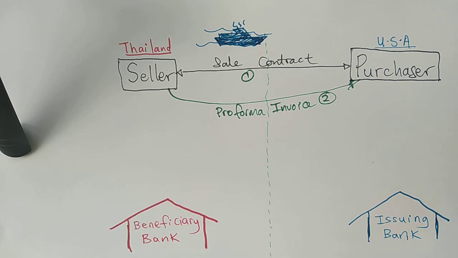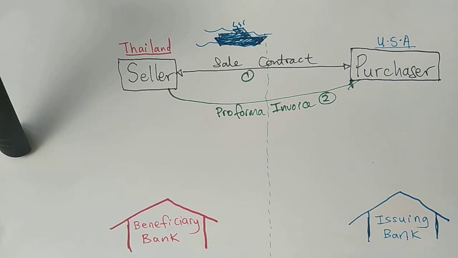Okay, now once the purchaser received this invoice, by the way, if you look at the back page of the invoice, the second page, you will see there are other conditions in the invoice. And these are the conditions of the sale contract.